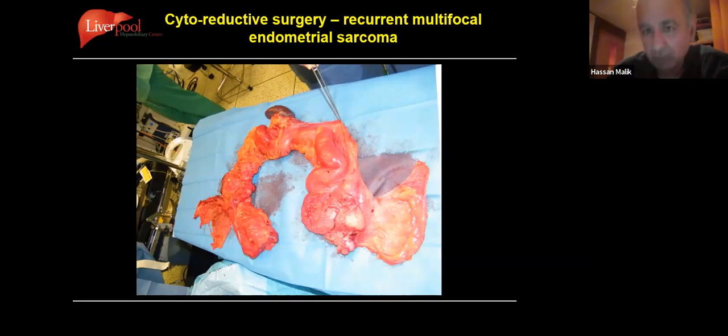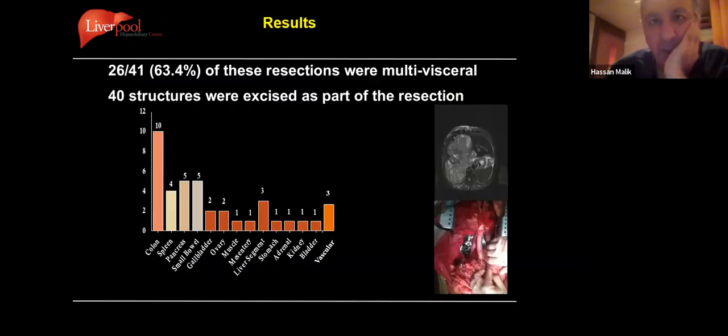You can see there colon, spleen resection, omentectomy. Formed a stoma and repaired the incisional hernia, and she lived several years after this.